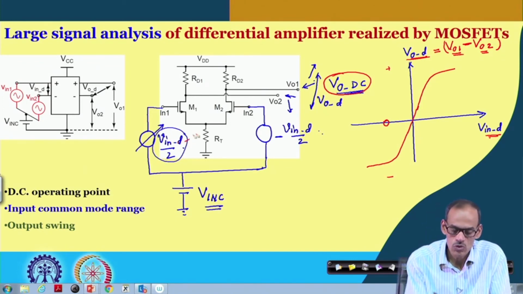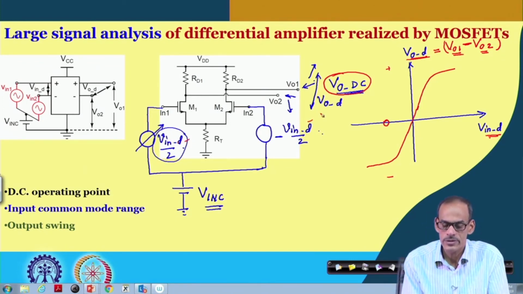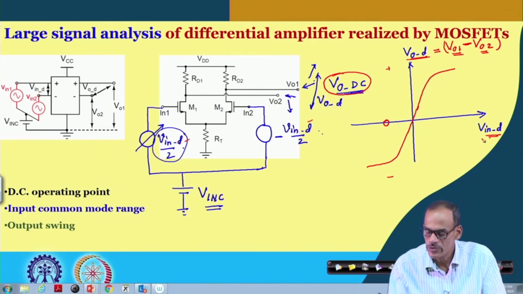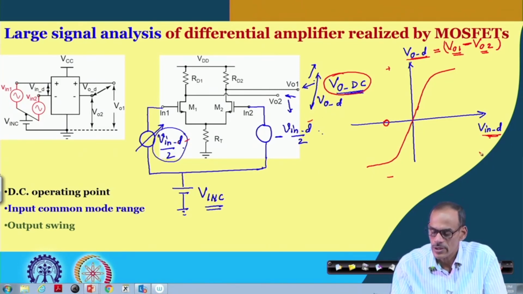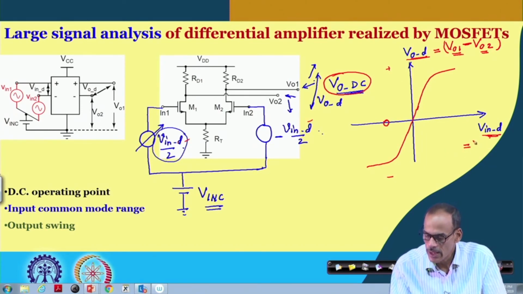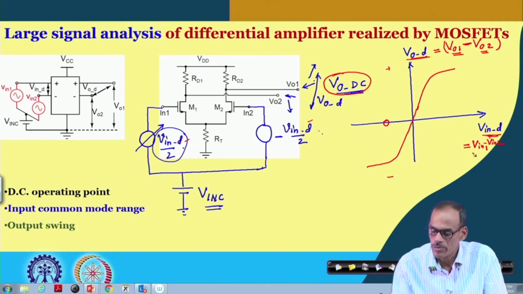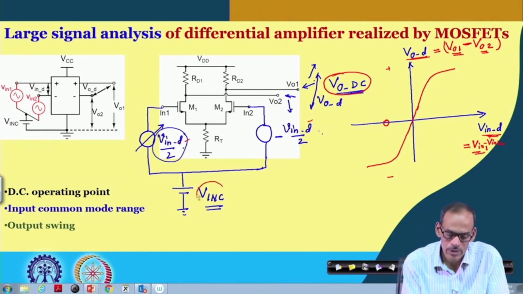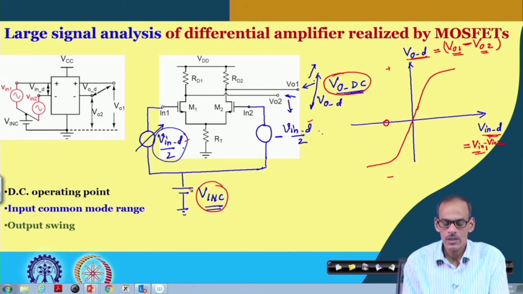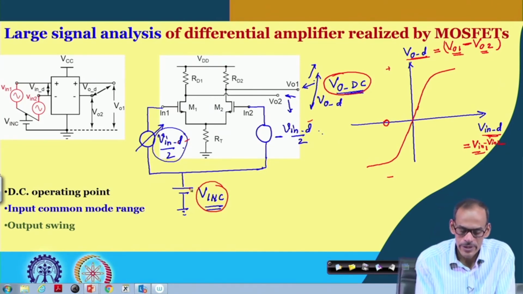If I make these two voltages higher and higher, then we may define this Vin D as capital Vin1 minus capital Vin2, and both of them have this Vin C DC.